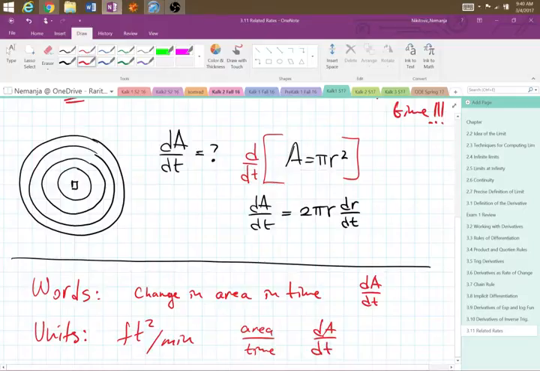Volume per time, so dV dt. This is how you ace general chemistry without thinking. They give you the units, and then you look at the units and you write the equation. General chemistry equations are generally those triplets, and triplets are extremely easy.